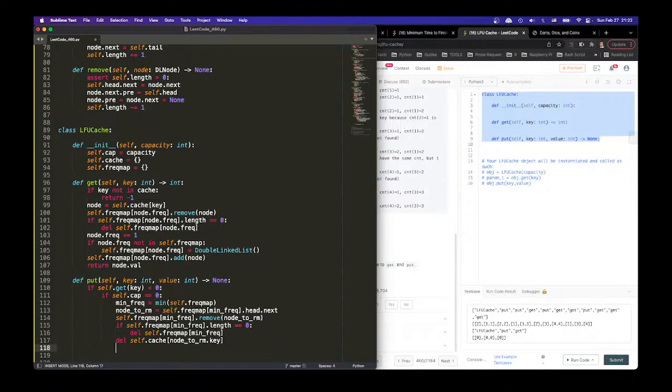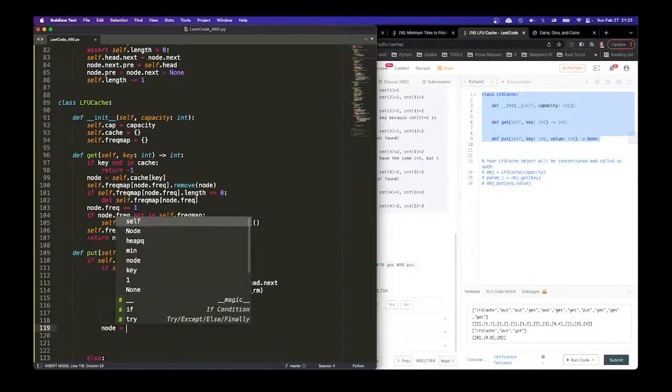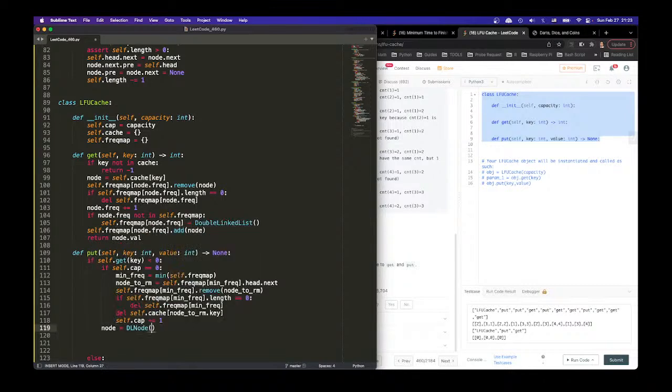This is if capacity is 0, I need to remove the minimum frequency with the least recently used. Okay, so this is all done, and then I need to add a new one, right? Capacity equals 0, I do this, and then self.cap plus equals 1, capacity goes up. And now I need to add a new one. So I'm going to create a node equal to DL node.